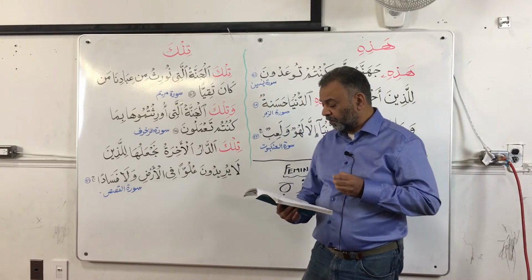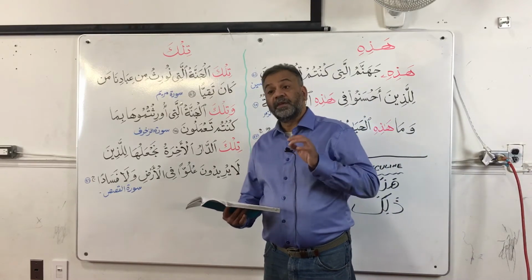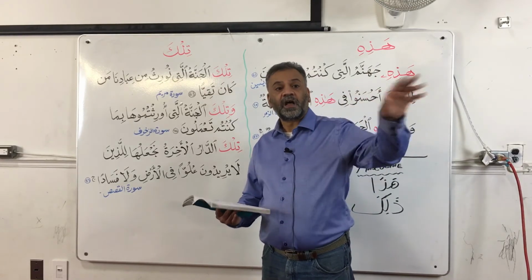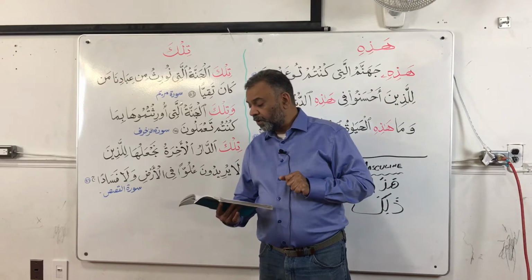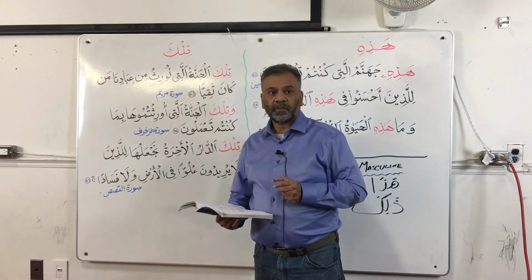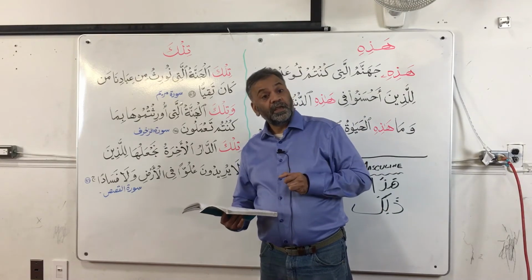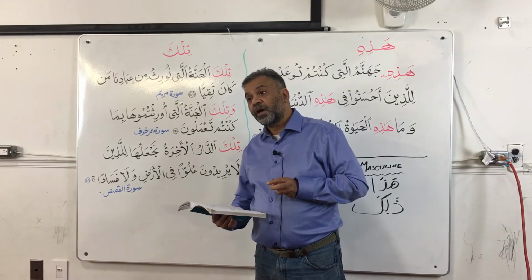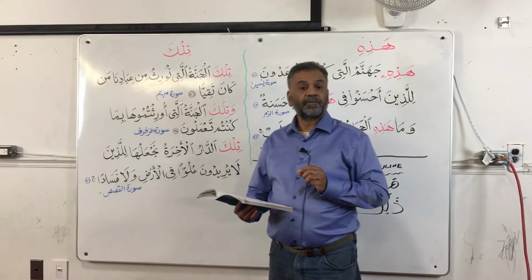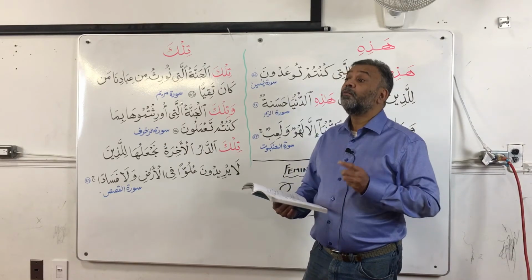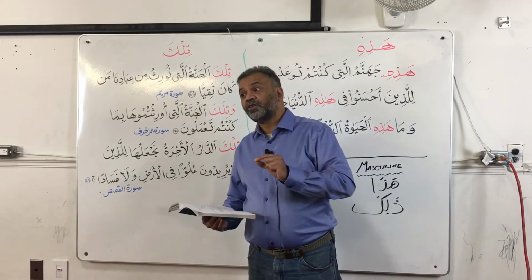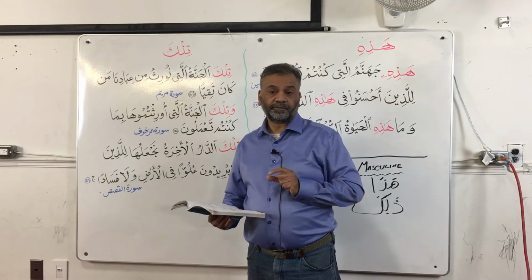Number 4, at-tabibi ba'idun. Ba'idun means far. So what is about the doctor? Baitu, house, or we can bring anything. Baitu tabibi ba'idun, the house of the doctor is far. What is baitu? Mubtada. This is jumla ismiya, and it is also a mudaf.